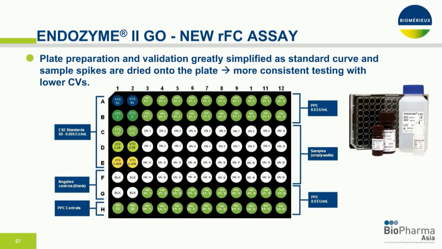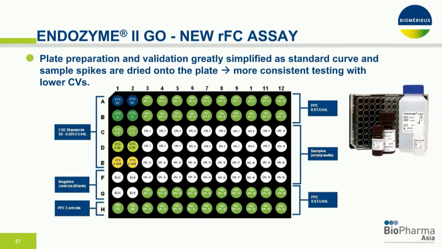In terms of a new product to make testing easier, I call it a semi-automated test, where the standard curve is already pre-dried into the wells, and also the positive product controls are dried into the wells also. So really you just have to add water to the standard curve and samples to the sample plates.